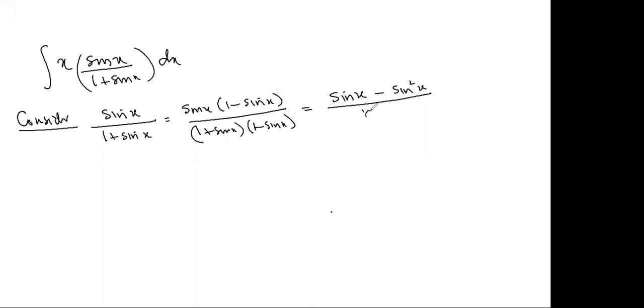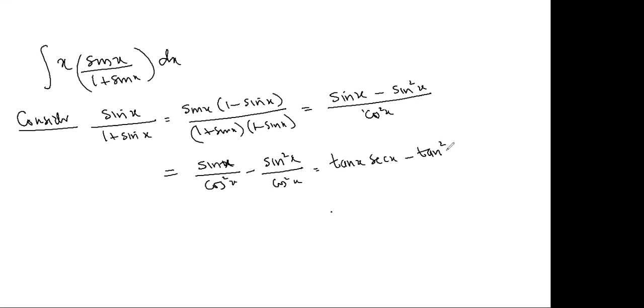Now you have to separate this: sin x upon cos square x minus sin square x upon cos square x. Then you'll write this as tan x sec x minus tan square x. Still it is not integrable. So tan x sec x minus sec square x minus 1.